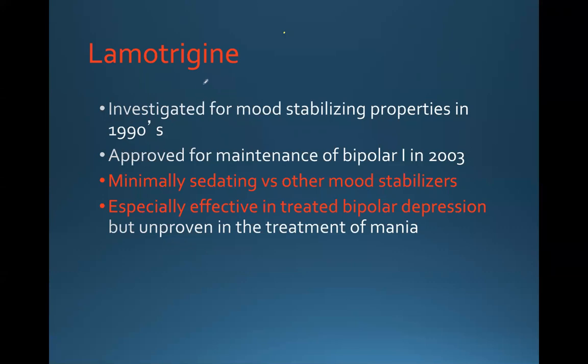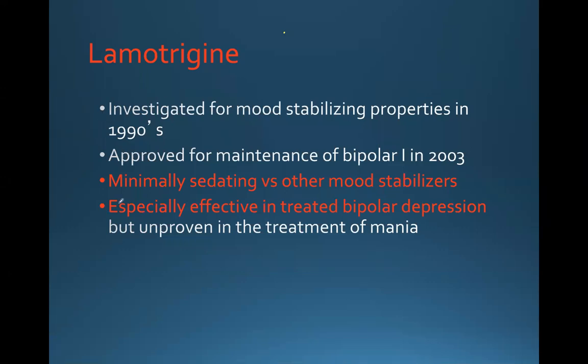This is one of the drugs, in my opinion, as I've seen some of the approval issues, and in many ways I was surprised that this has been approved. But basically, lamotrigine or Lamictal was investigated for mood stabilizing in the 90s, and in 2003 it was approved for maintenance of bipolar.